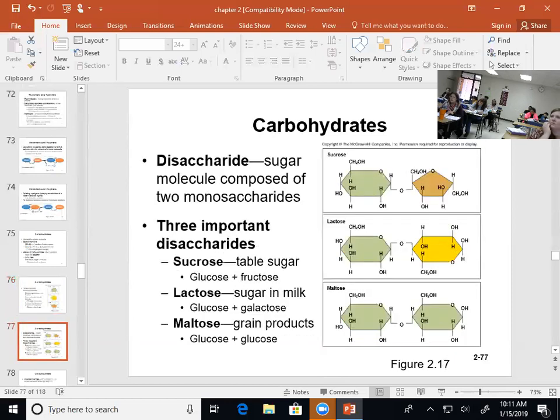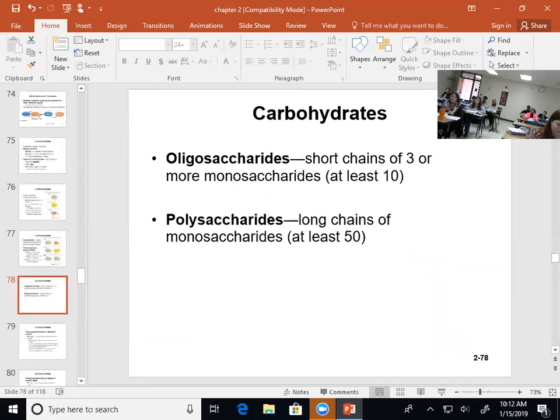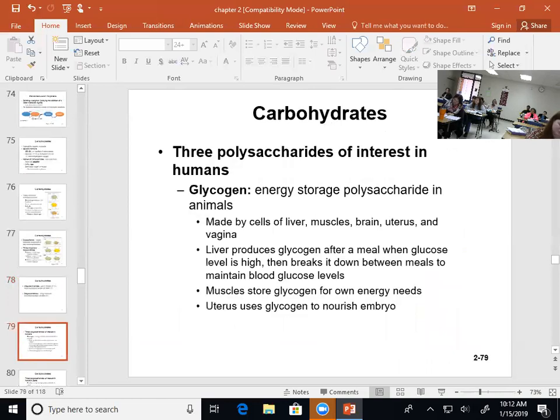Some of them have 2 monomers, they're di. And some of them are polysaccharides. That means they have how many of these rings? Multiple, right? Oligosaccharides are huge, right? So these are going to be at least 10. Whatever, I don't care that you know that part too much.